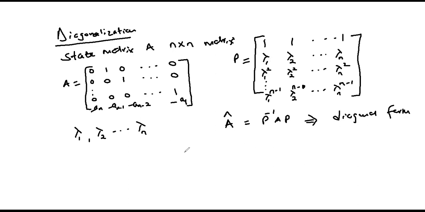Therefore, in diagonalization, we are looking at the formation of a transformation matrix P from the eigenvalues of the matrix A given in this format, so long as the matrix A is written in controllable canonical form and has distinct roots. If this happens, then the transformation of the matrix A will be into diagonal form. And this is the concept of diagonalization.